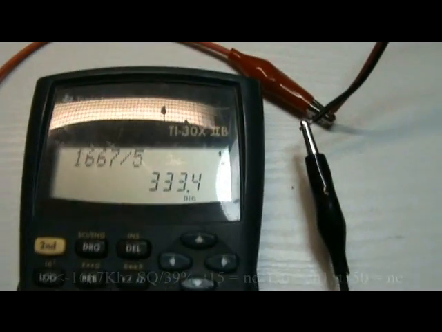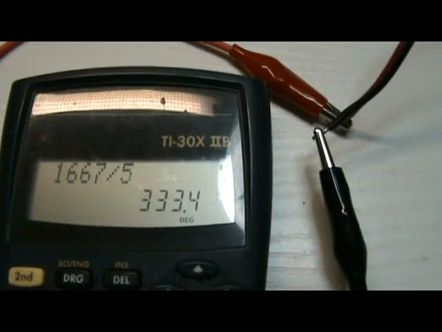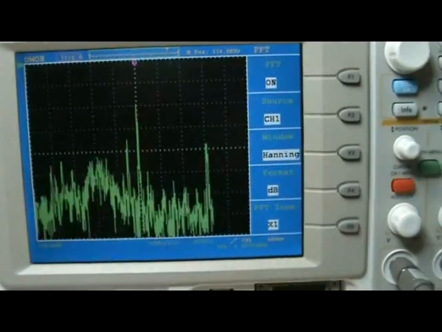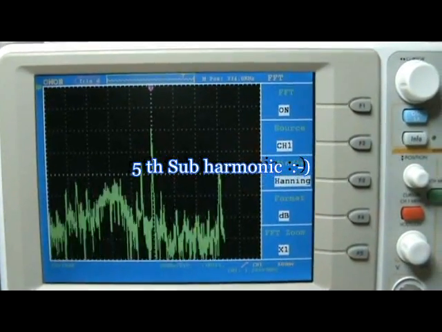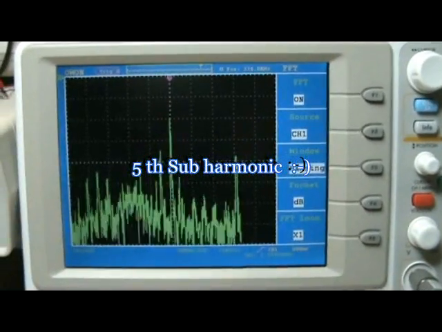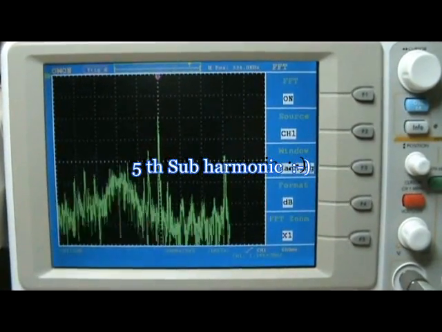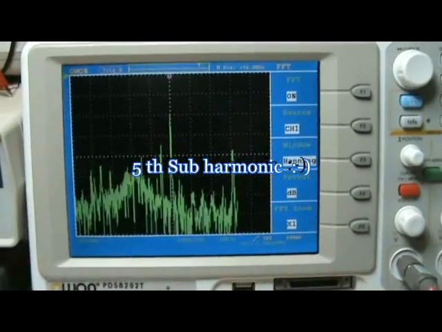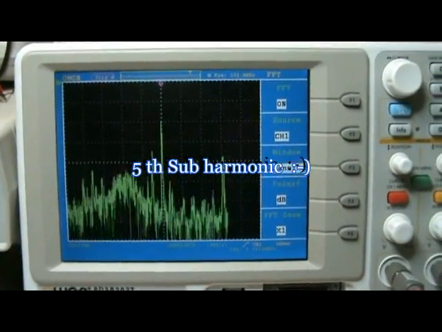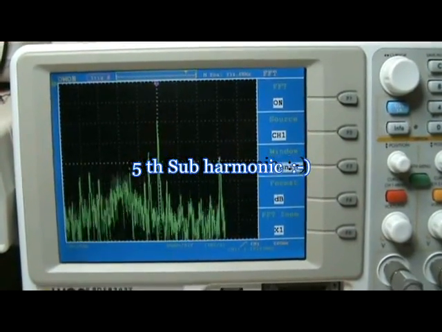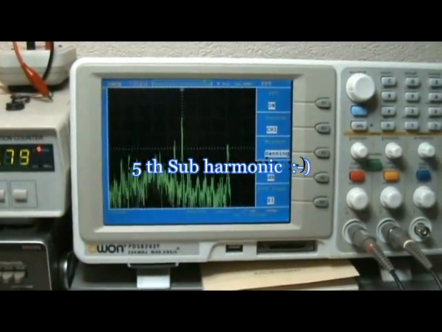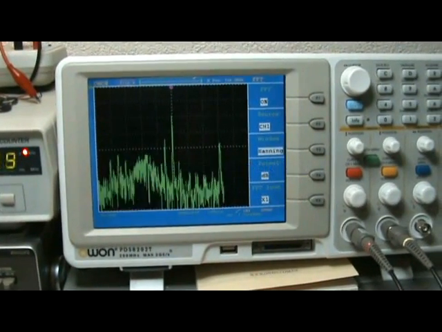So I think this is the fifth harmonic of this 1667. So this could be one of the lower harmonics of interest, and I will put this as being one of the things I have to look at.